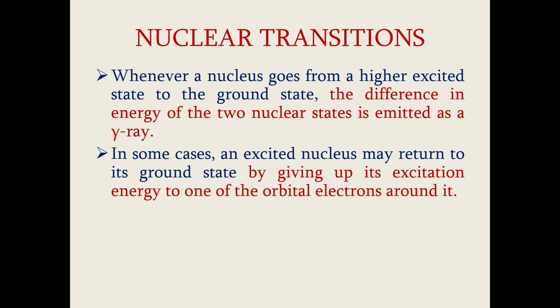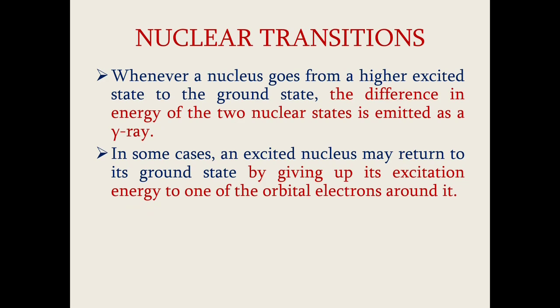This happens generally, but in some exclusive cases, an excited nucleus may return to its ground state by giving its excess excitation energy to the orbital electrons revolving around the nucleus.